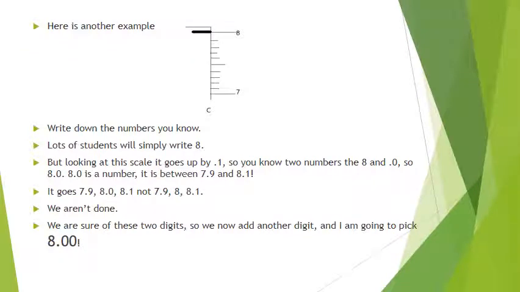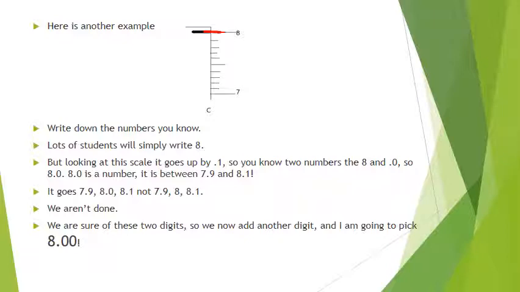Right, let's do another one here. Now it hits right here. This one's going to be just hard. It's easy but hard. So, first thing, it's 8. But remember, it goes up by the tenths.